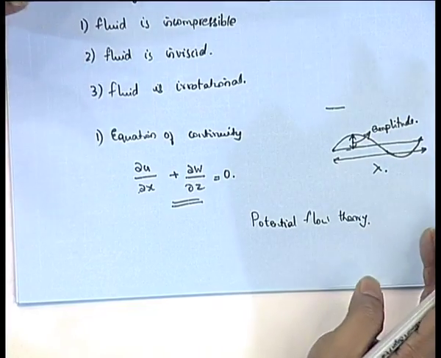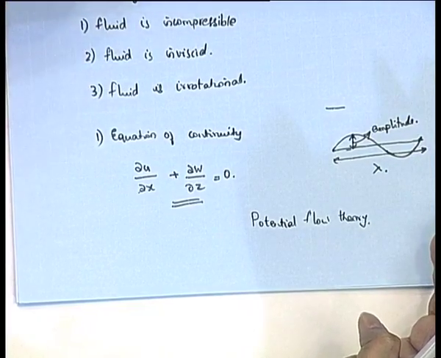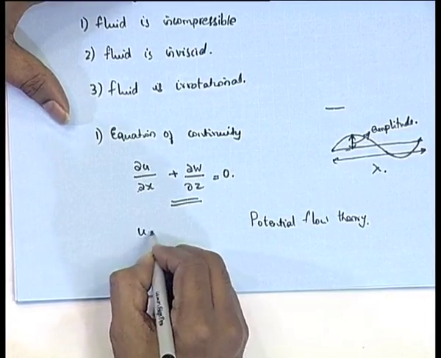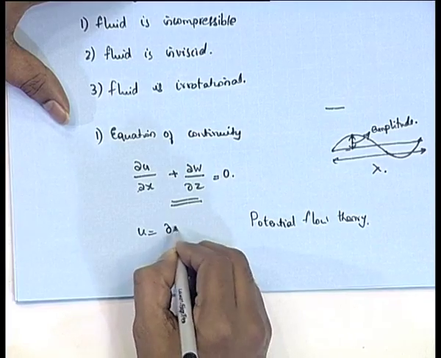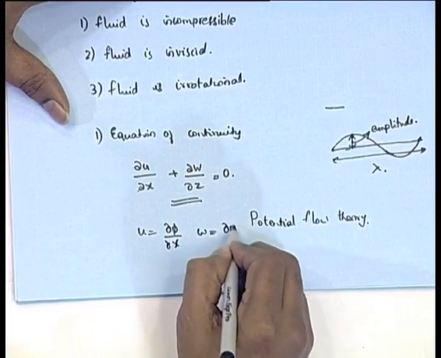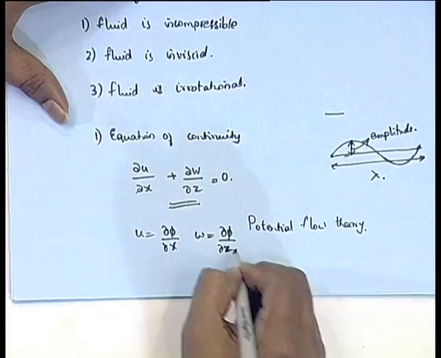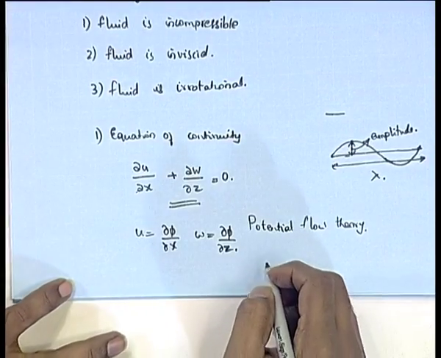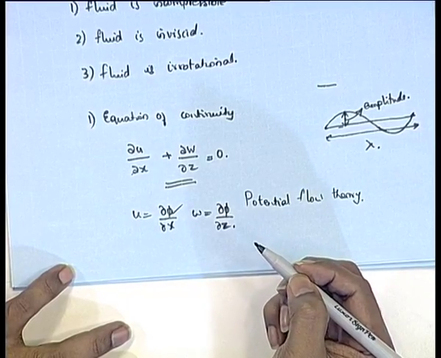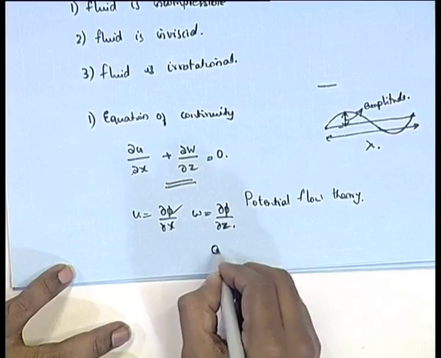Because we deal with what is known as a potential. We say that u is equal to dou phi by dou x and w is equal to dou phi by dou z. We define phi as a velocity potential.